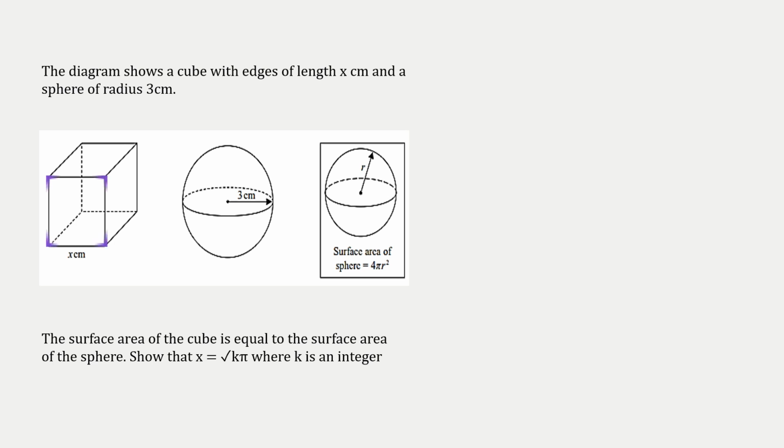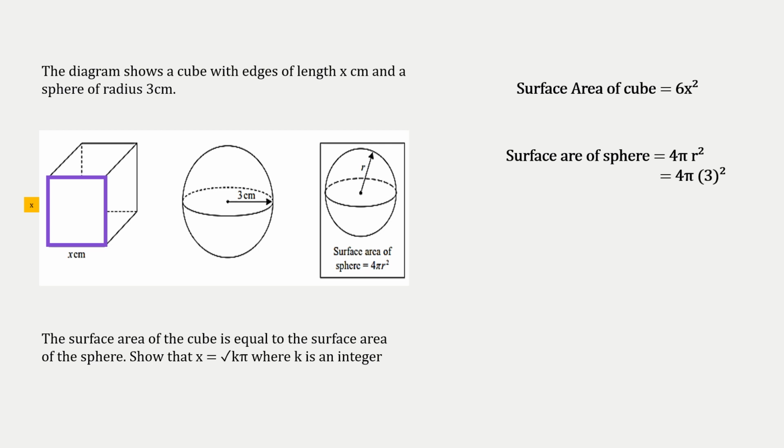The cube has x centimeters given, and it has 6 faces, so the surface area of the cube will be 6x squared, as x is not given, so I'll leave it here. Then the surface area of the sphere, as per the formula, is 4 pi r squared, and I'll substitute my values and get the final answer.